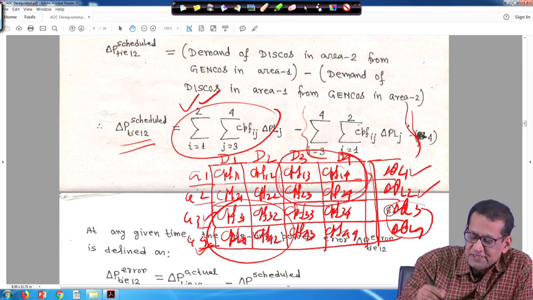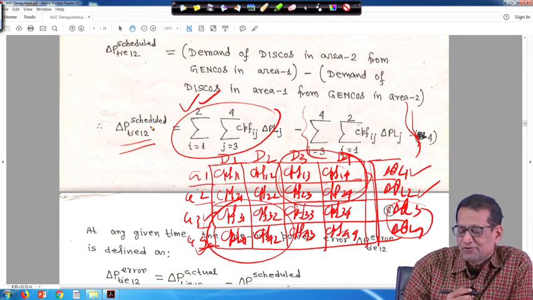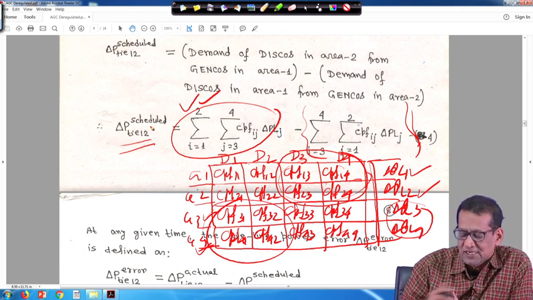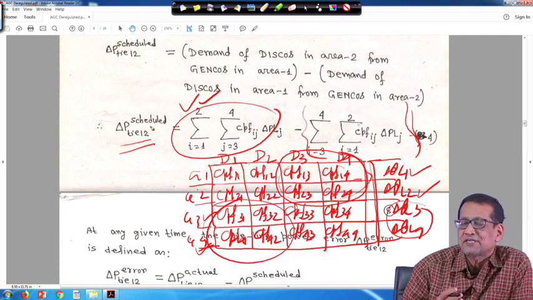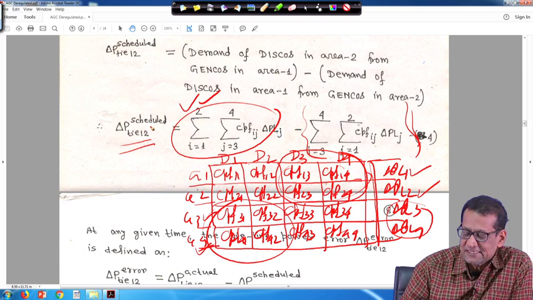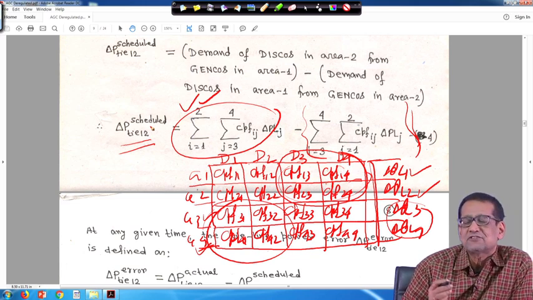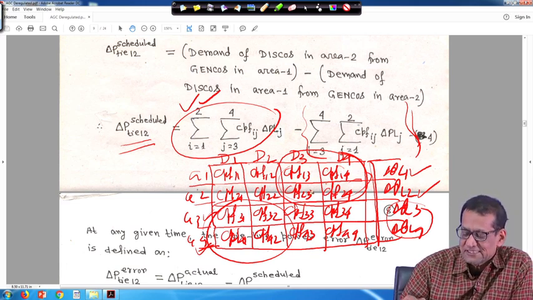This way you will easily get the scheduled tie-line power flow. The number of distribution companies and generating companies may be different, so it does not necessarily mean that an equal number of gencos and discos will be there in each area, but this is the way.